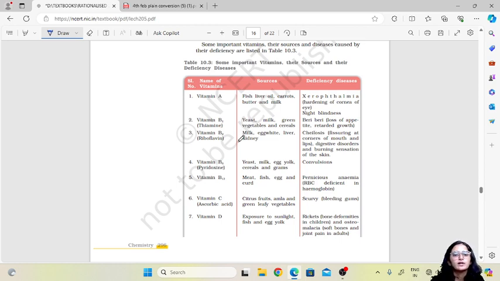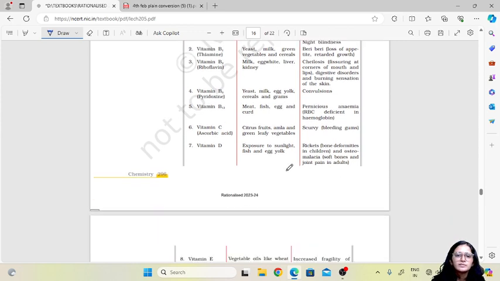Vitamin B2, called riboflavin, we get in milk, egg white, liver and kidney. Cheilosis is the disease caused when you have a deficiency of vitamin B2, along with digestive disorders and burning sensation of the skin. Vitamin B6, called pyridoxine, is found in yeast, milk, egg yolk, cereals and grams, and its deficiency causes convulsions.